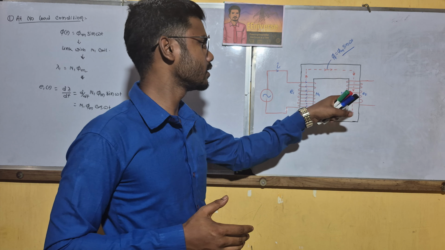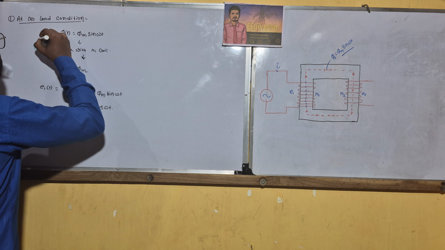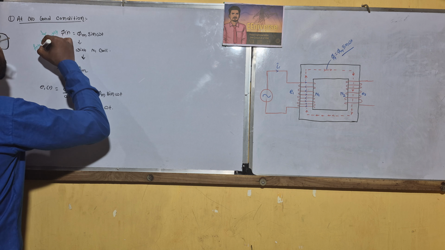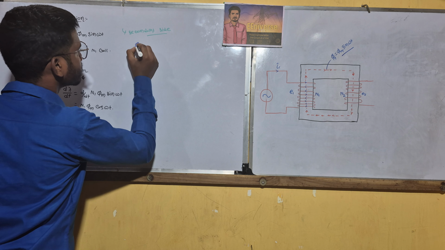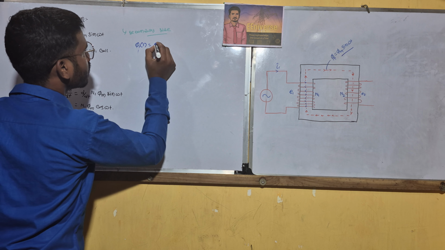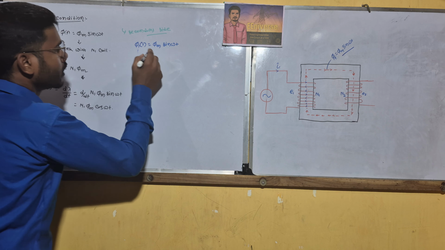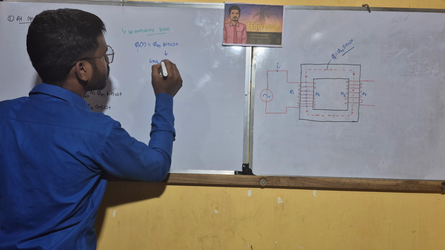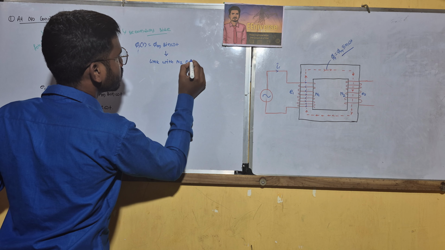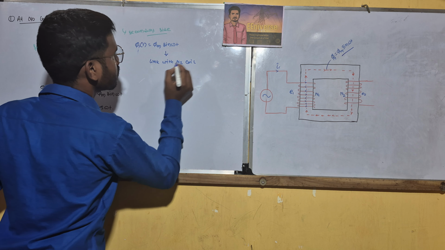So now, this was for the primary side. In the secondary side also, this main flux links with the secondary coil, so it links with the N2 coil, and flux linkage occurs, that is denoted by lambda 2 equals N2 into phi m.